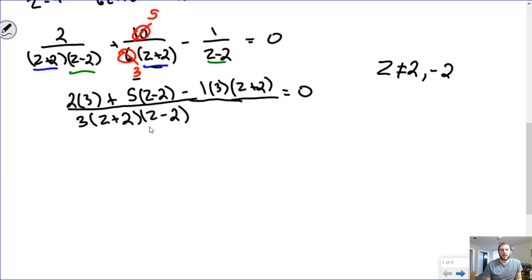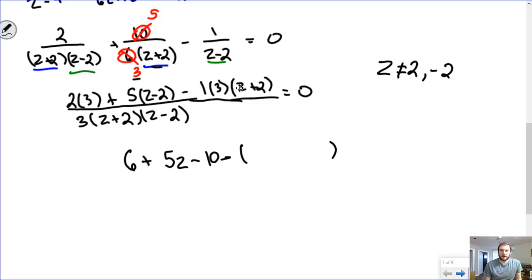So with that in mind, we're going to take this fraction and focus in on the numerator for a second. So 2 times 3 is 6. If I expand this bracket, 5 times z is 5z, and 5 times negative 2 is negative 10, minus, and I'm going to put a bracket around this whole expression because everything we get from here has to get subtracted.